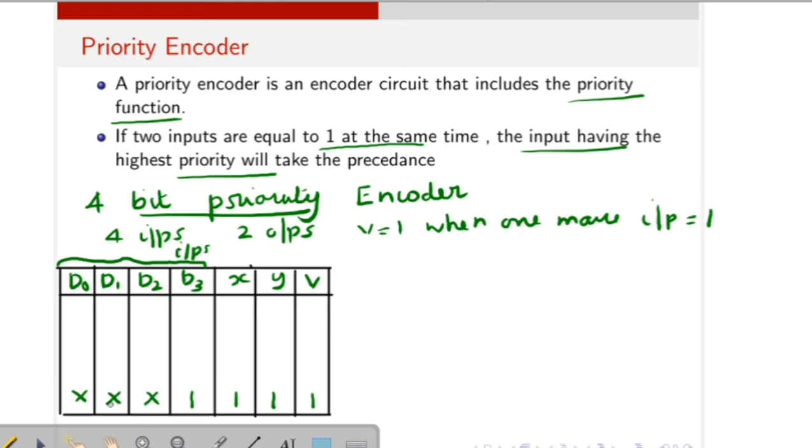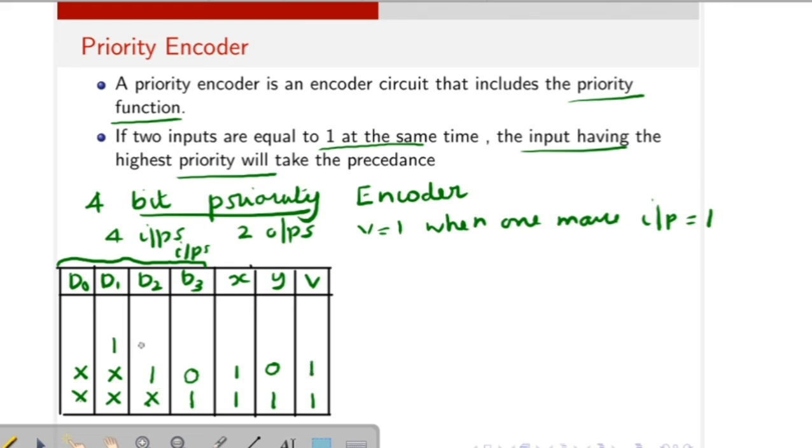In this case, we don't consider D0, D1, D2; they are marked as don't cares. They may be 0 or 1 because the highest priority goes to D3. Next priority goes to D2. In that case, D3 is equal to 0 and D2 is equal to 1. Others are don't cares. In that case it generates 1, 0. Here also one input is 1, so V is equal to 1.